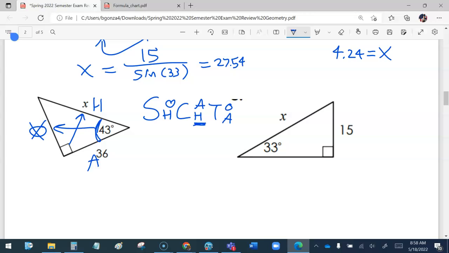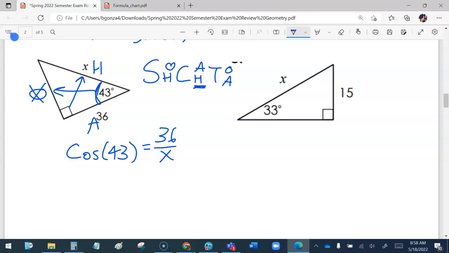AH is cosine: cosine 43 degrees equals A over H, 36 over X. When X is on the bottom, again, our trick is to take the trig on the left, switch it with the denominator. So X goes to the left, 36 stays on top, and then cosine 43 is on the bottom.